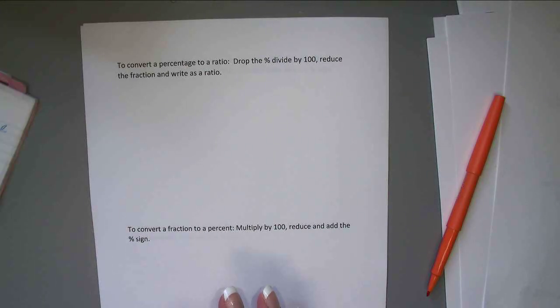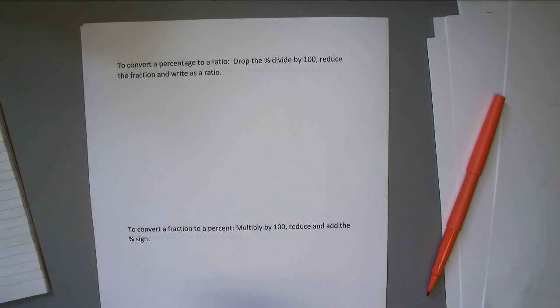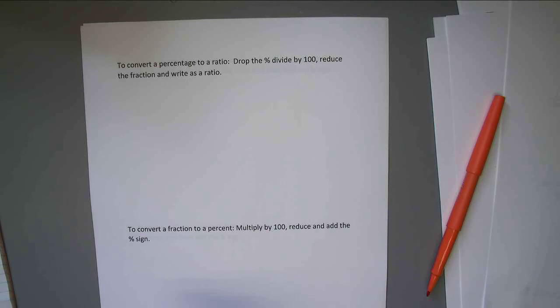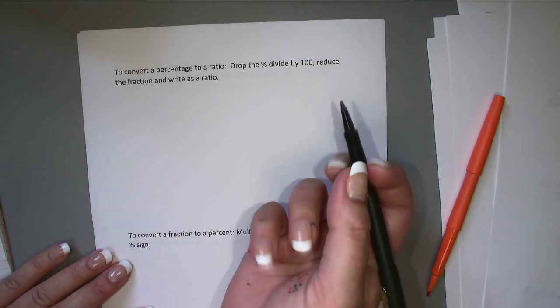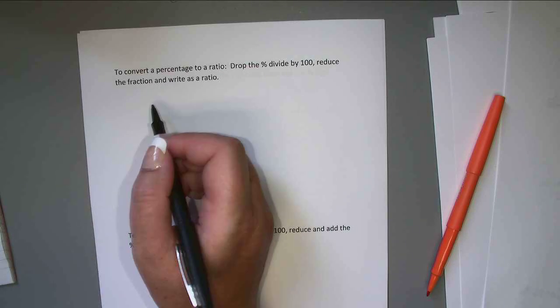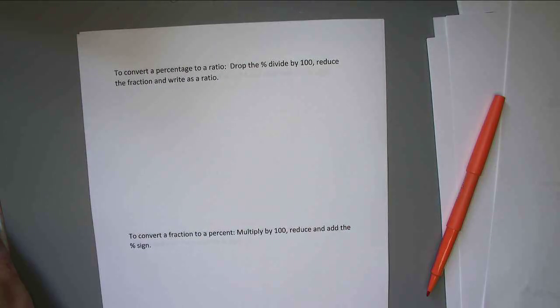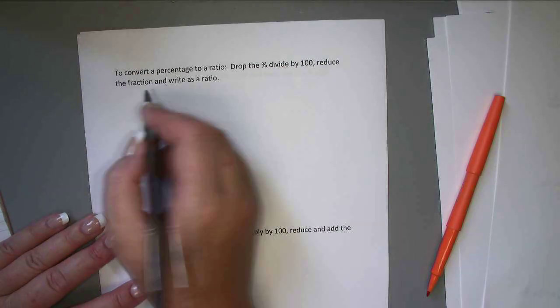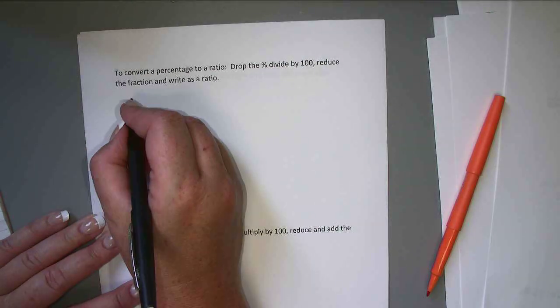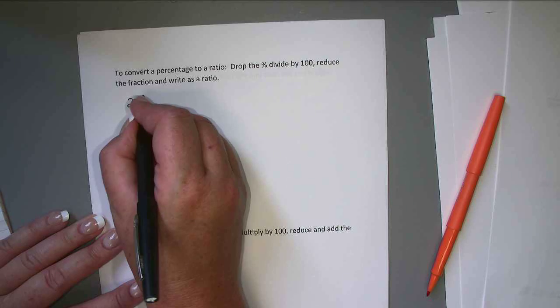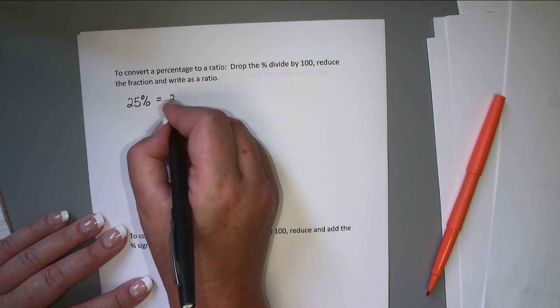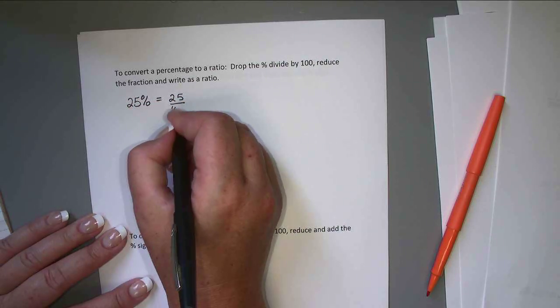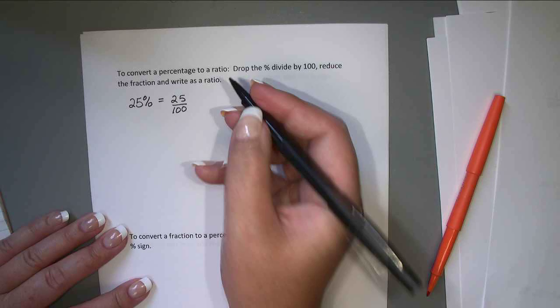To convert a percentage to a ratio, say we had, for example, 25%. First we divide by 100, and then we reduce the fraction.